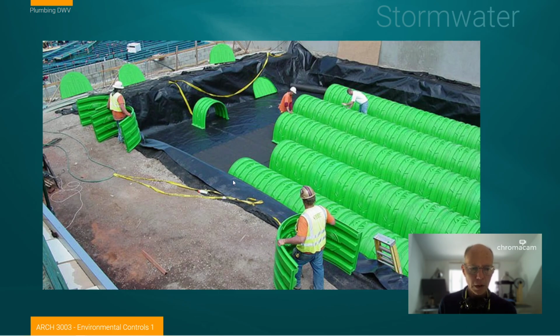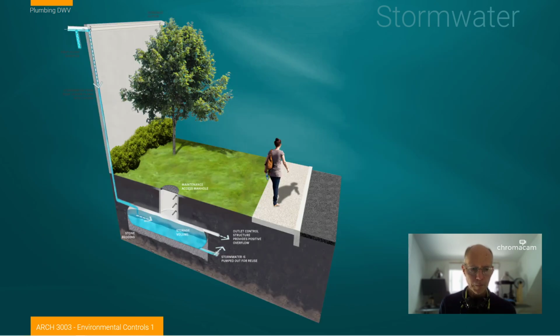Probably what's happening in this illustration is a parking lot is going to be created above this. So the runoff from that parking lot can be held into these culverts and then slowly discharged into the stormwater system, so it isn't inundating the system during a large storm event.